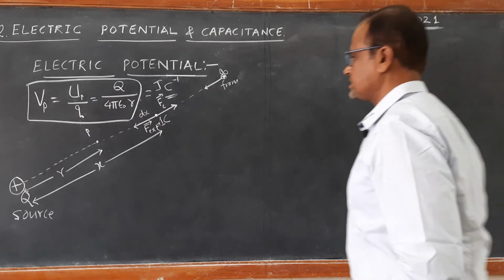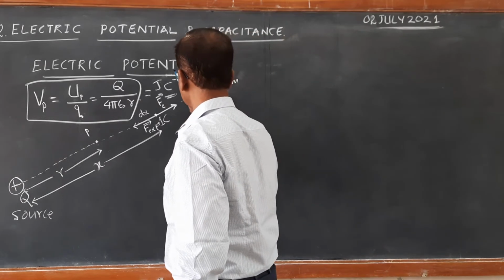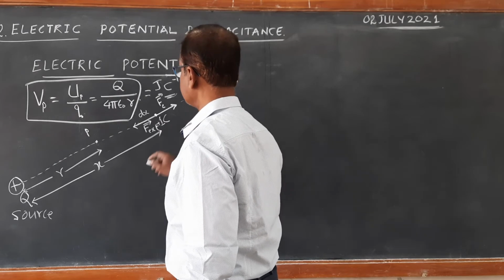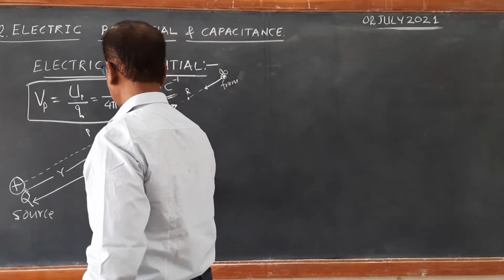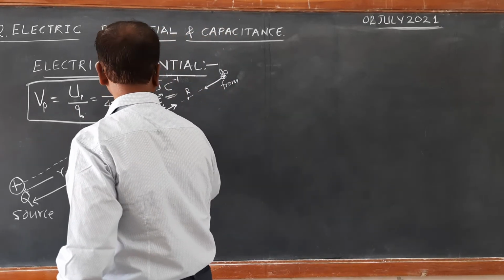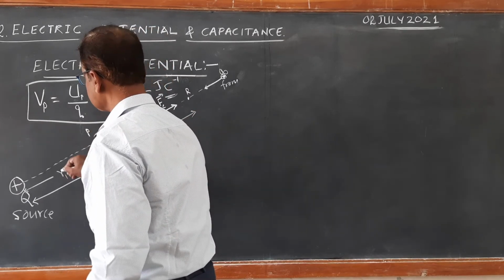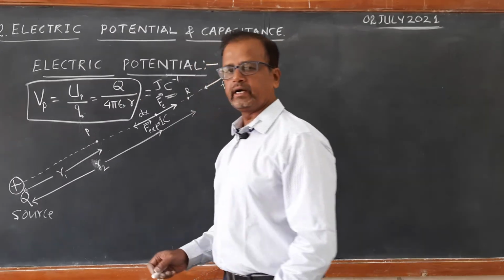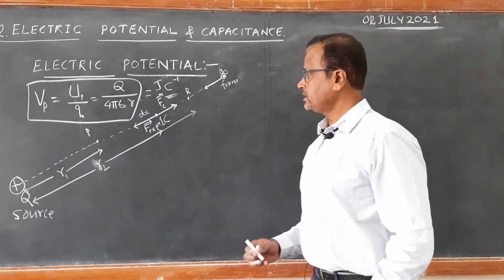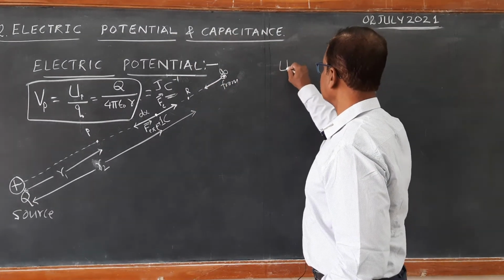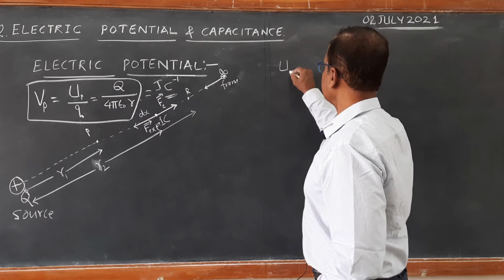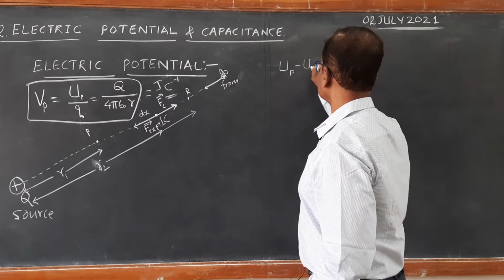As we have considered earlier, suppose we consider another point at a distance r2, and suppose the point P is at distance r1. Earlier we calculated the potential energy difference UP minus UR.